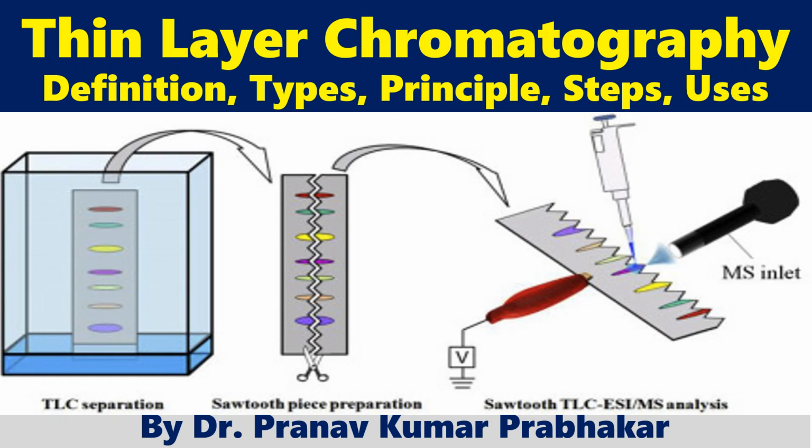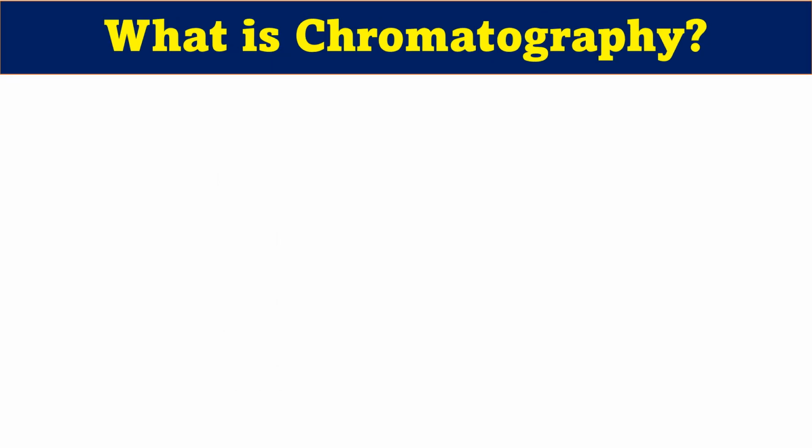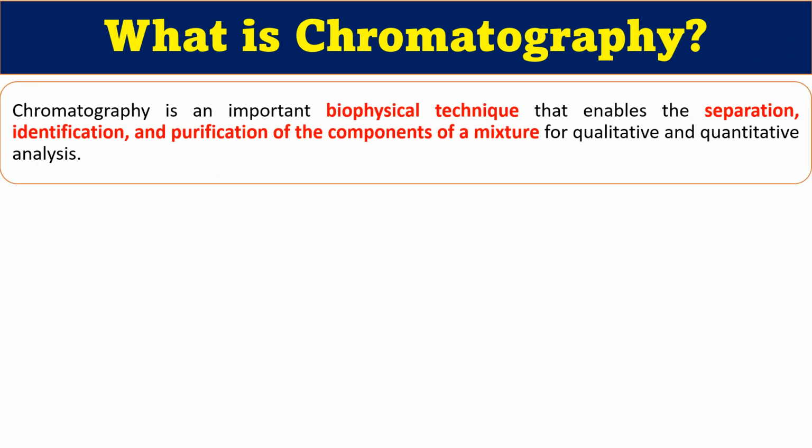First let us understand what chromatography is. As we have already discussed, it is a basic biophysical technique which helps us in the separation, identification and purification of compounds from a mixture. We use these techniques for both qualitative and quantitative analysis.